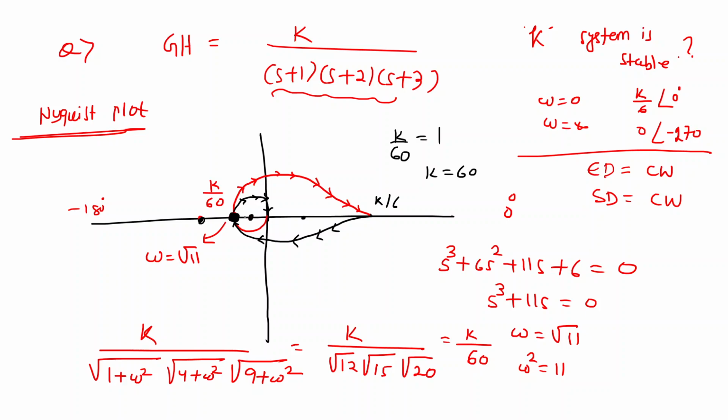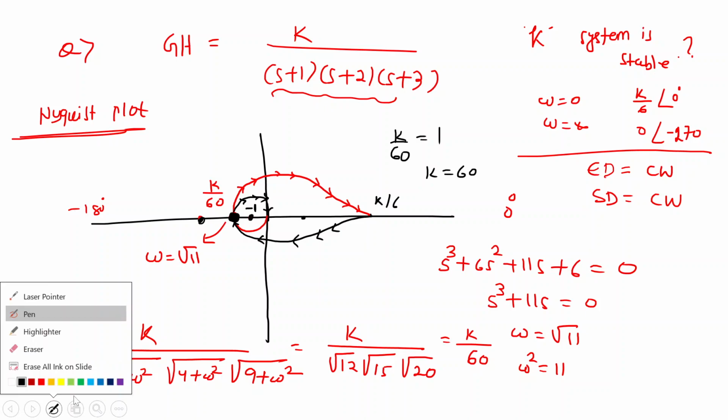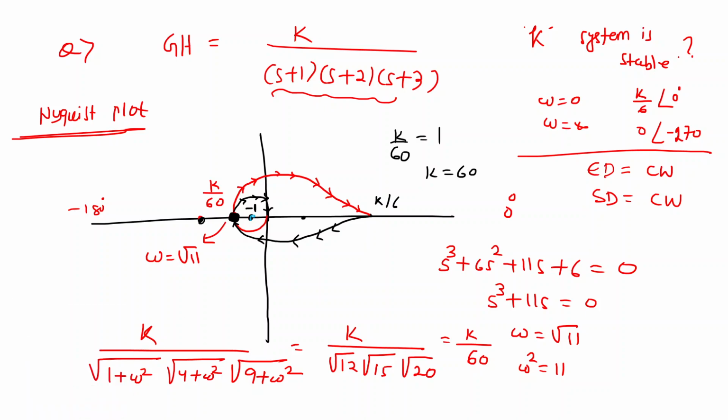You know the number of encirclements is about the critical point. Suppose the minus 1 plus j0 point is inside. Let me change my color; this is a blue point I'm drawing here.